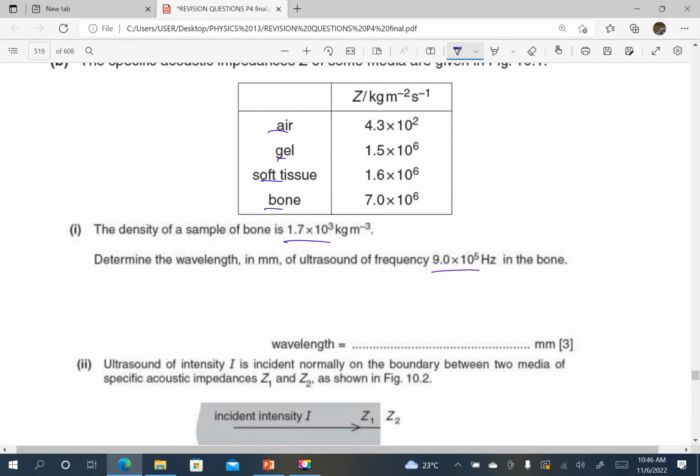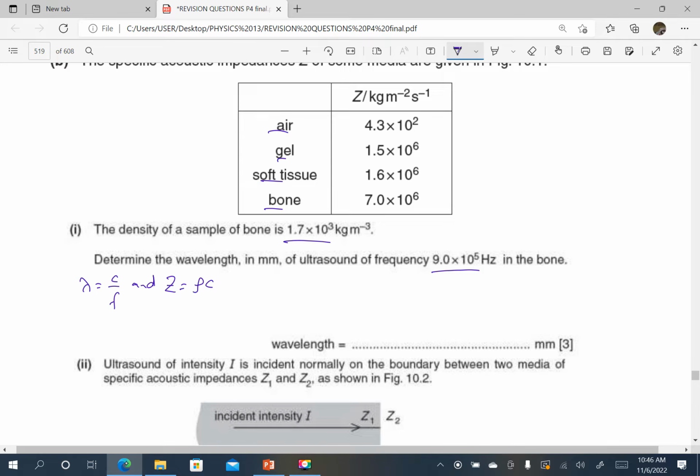We want to determine wavelength. Of course, wavelength is going to be equal to the speed divided by f. Remember here, c is not the speed of light. And we also know that the acoustic impedance Z is equal to the density times c. So the speed c is what we don't have. We have the frequency, we have Z, so all we need is c.